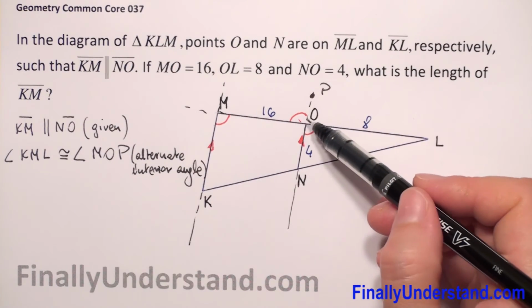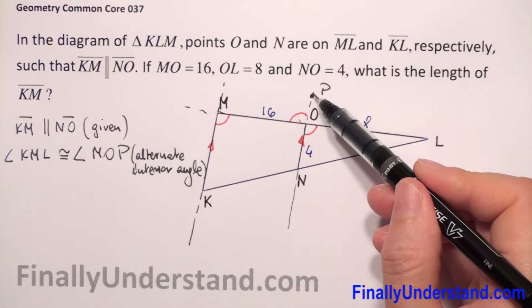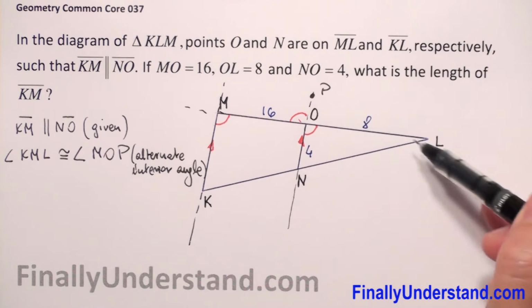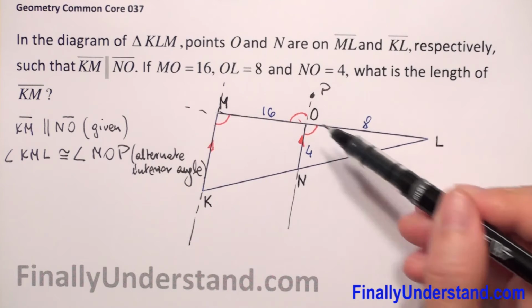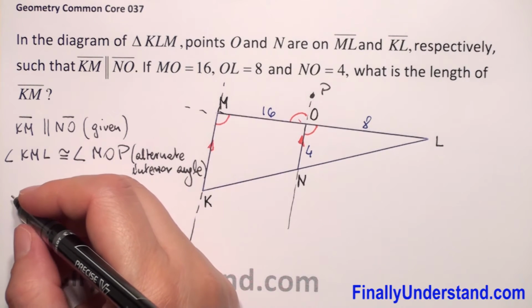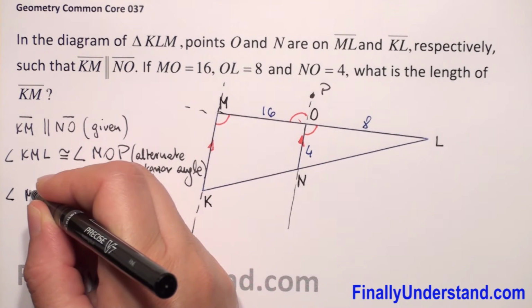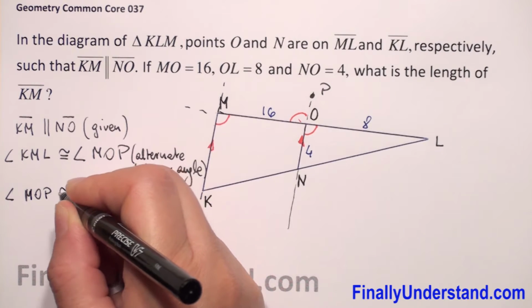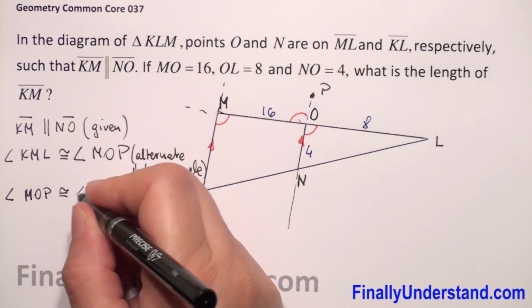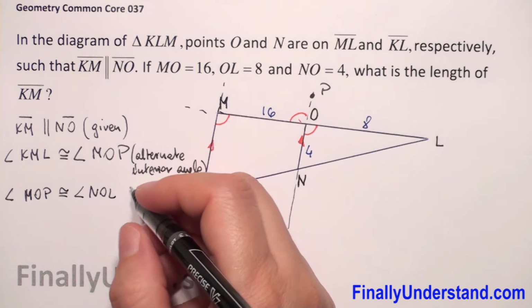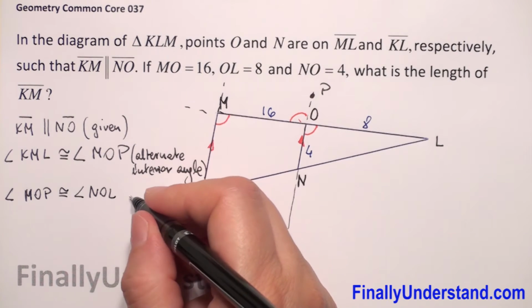And angle MOP is congruent to angle NOL because they are vertical angles. So we can write angle MOP is congruent to angle NOL because they are vertical angles.